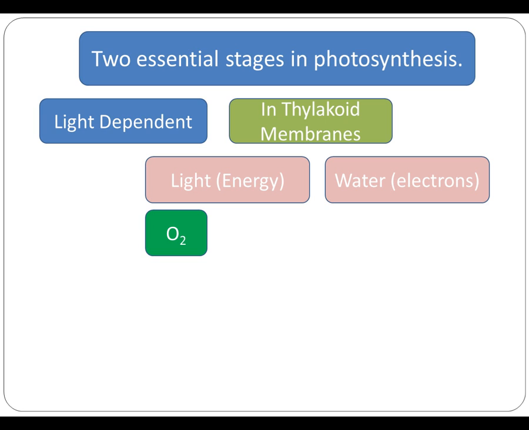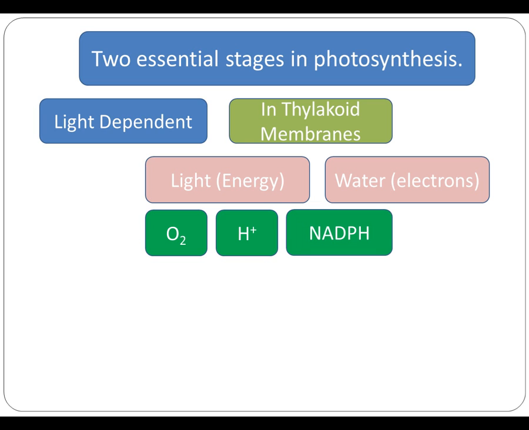Also released as a result of the light-dependent reactions are hydrogen ions. They're going to have a very important role, which we'll probably better talk about on Thursday. Also liberated is a molecule called NADPH. I believe I introduced this term when we talked about coenzymes in Chapter 4. It's a coenzyme, and it's going to transfer electrons.